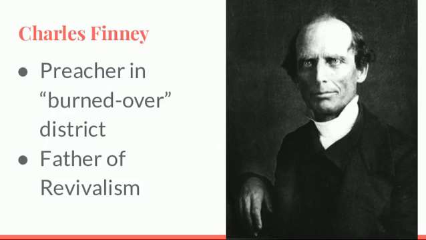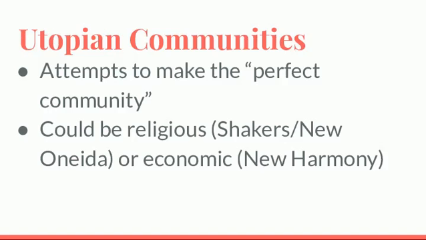So now we're going to go into one of the most famous examples of these, which are what are called utopian communities. And this is also a starred term. So a utopian community is a community where basically they were attempting to make the perfect societies.